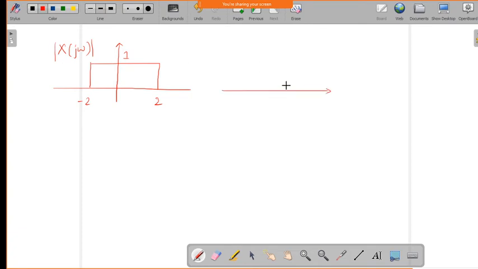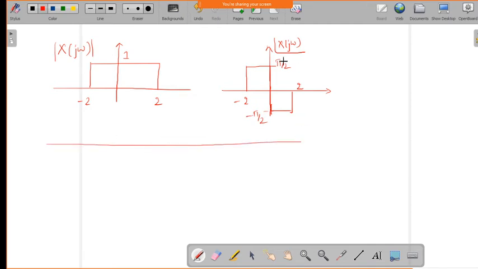And we have the phase spectrum of x of j omega, which is varying from -2 to +2, and is plus pi by 2 and minus pi by 2. So this is the magnitude spectrum and the phase spectrum given.